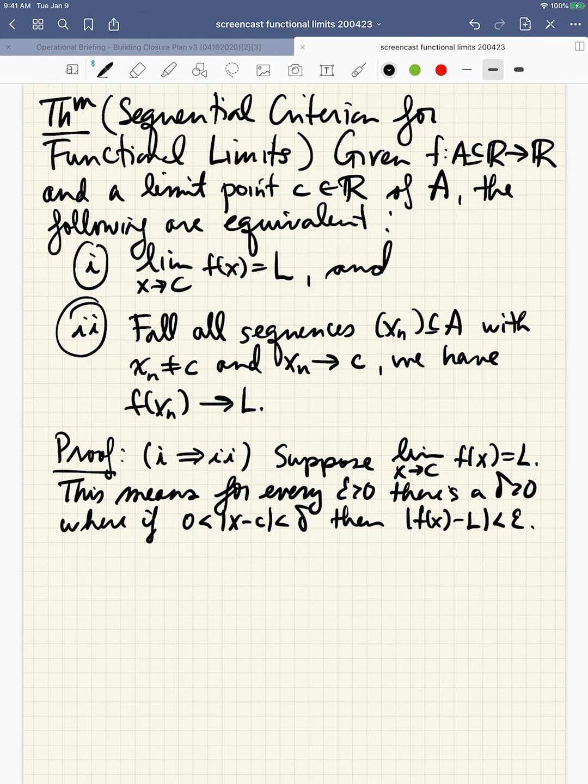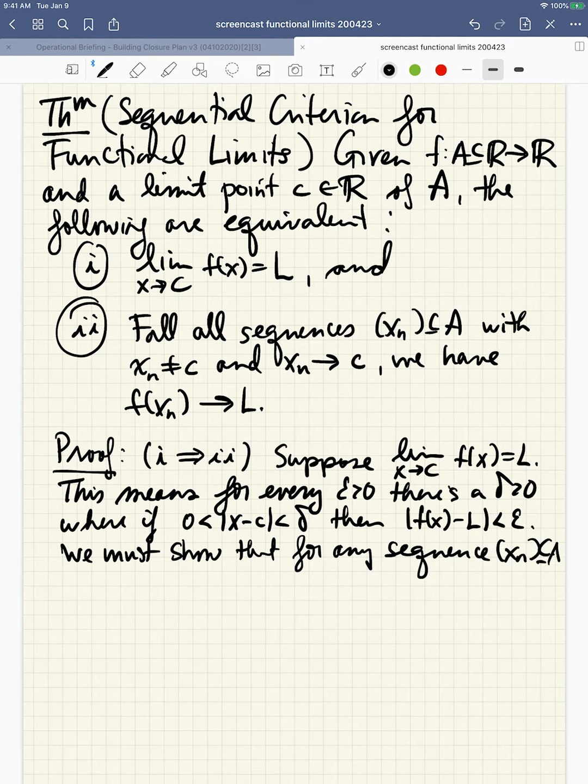Right? So we must show that for any sequence xn in A, where the terms of the sequence are different from c and the sequence converges to c, we have the sequence of values of the function converging to L. Okay, what does that mean?